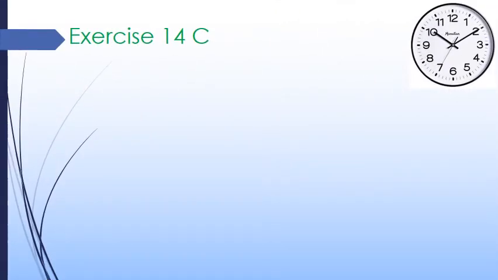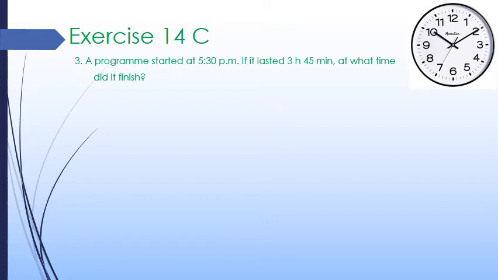So now let's come to the third question of this exercise, which is the word sum. It says a program started at 5:30 p.m. If it lasted 3 hours 45 minutes, at what time did it finish? So let us see how we will do this word sum. The time at which the program started is 5:30 p.m., which is also equal to 17:30 hours in the 24-hour clock.